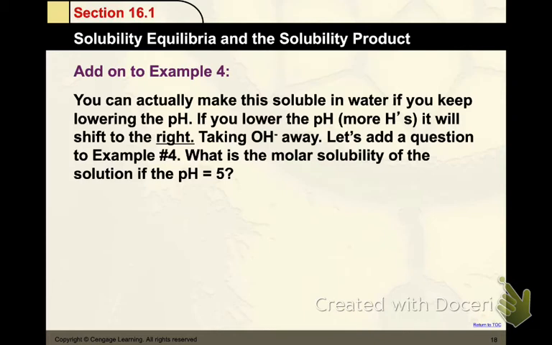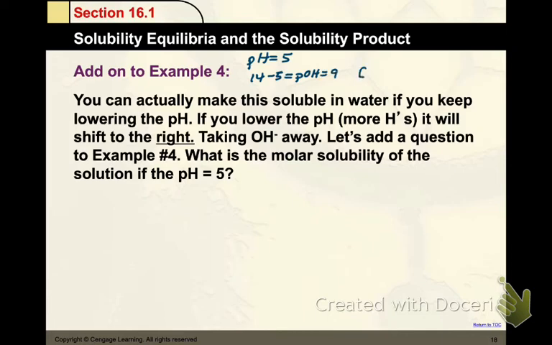The only real difference here is, instead of starting with an OH minus concentration of 10 to the minus 7, like in pure water, if you've got a pH of 5, well, 14 minus 5 is a pOH of 9.